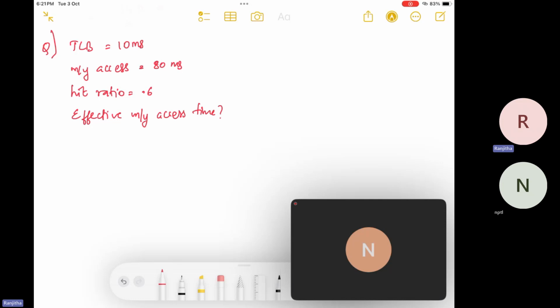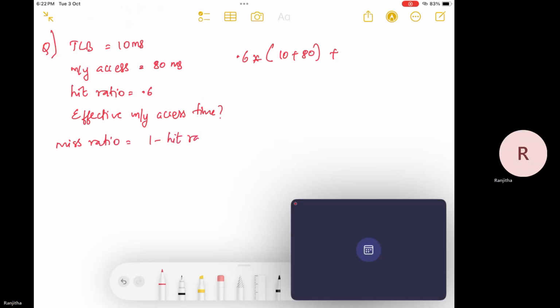Here the hit ratio is 0.6 into TLB hit time, which will be the TLB access time, 10 milliseconds, plus 80 milliseconds. Then the miss ratio is 1 minus hit ratio, which is 1 minus 0.6, which is 0.4. So it is 0.4 into 10 plus 80 plus 80.